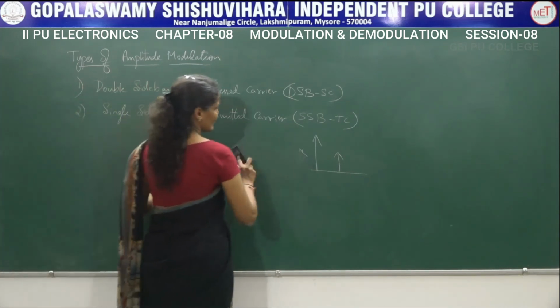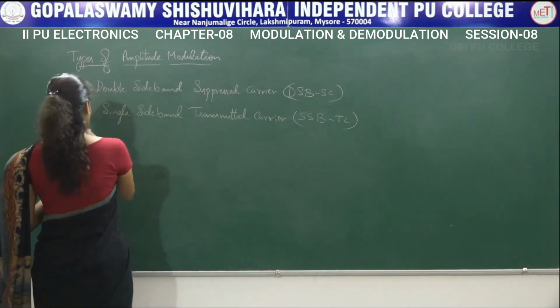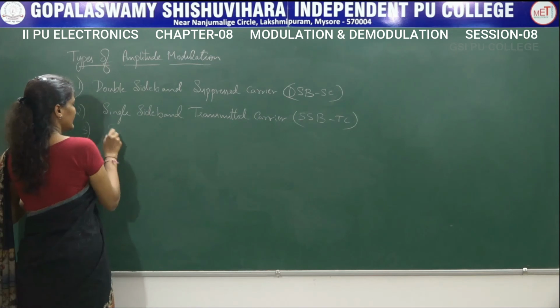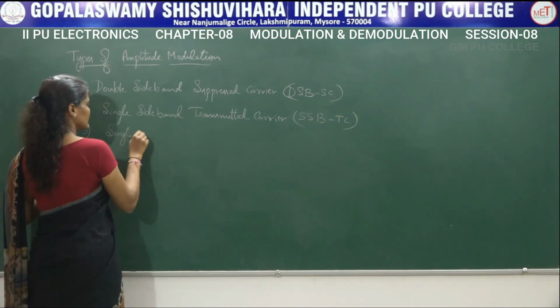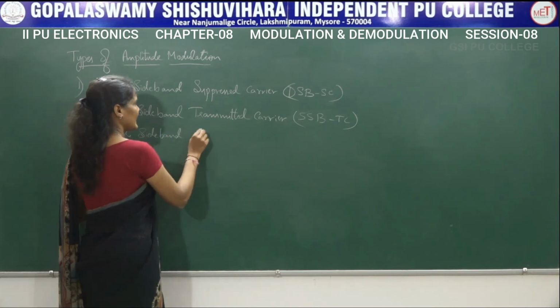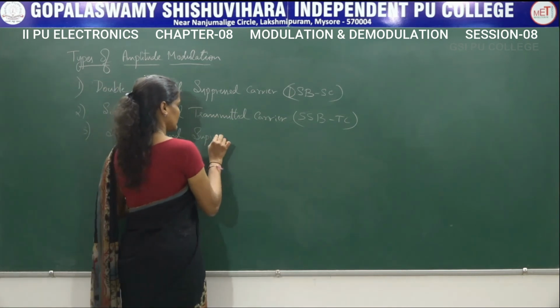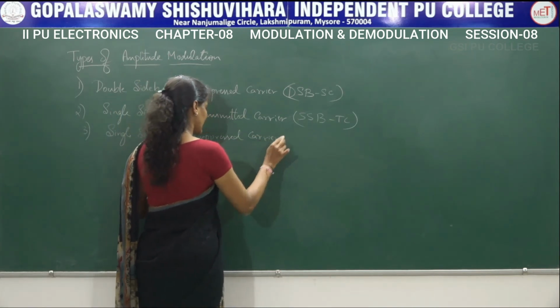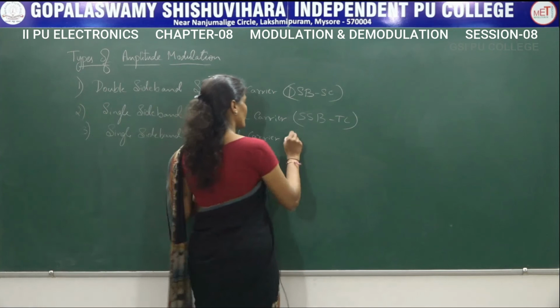The last type of this amplitude modulation process is single sideband suppressed carrier, which is most widely used.